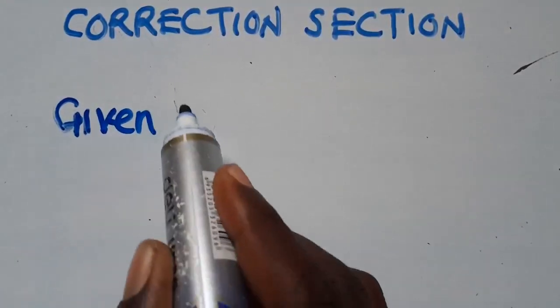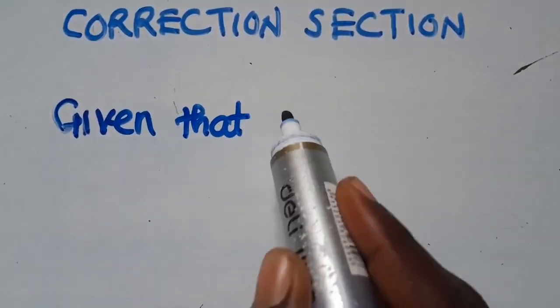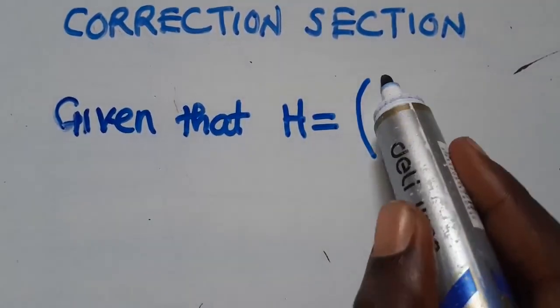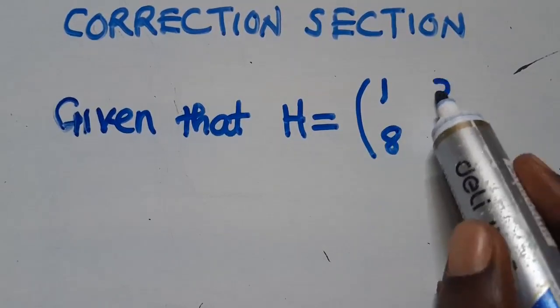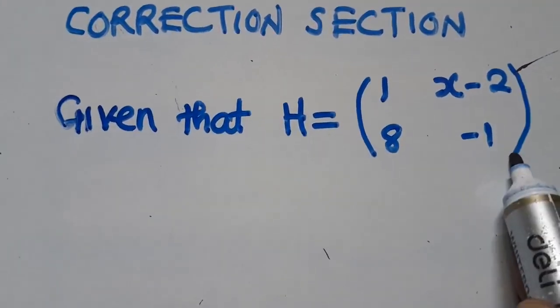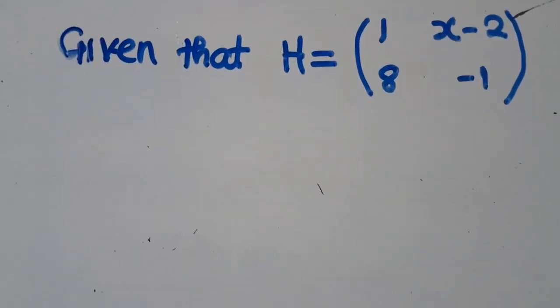So this was saying, given that h is equal to the matrix 1, 8, x minus 2, negative 1. This was the other question, like this. You are given that.